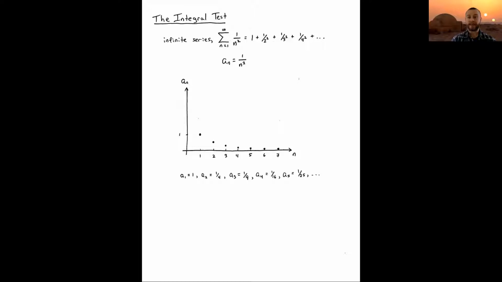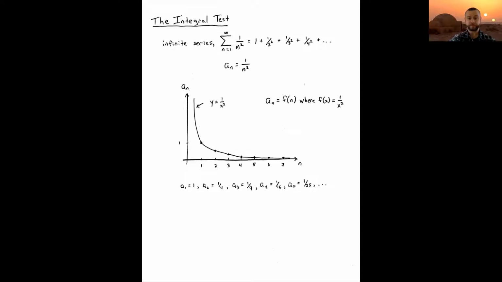Now, how we're going to make a connection to get an integral, like we would think of for a function f of x, a continuous function, is we're going to keep in mind that the terms here are discrete values coming from a discrete function where we plug in integer values 1, 2, and 3, but they sit on top of a continuous function f of x where we could plug in any real number, not just the integers.